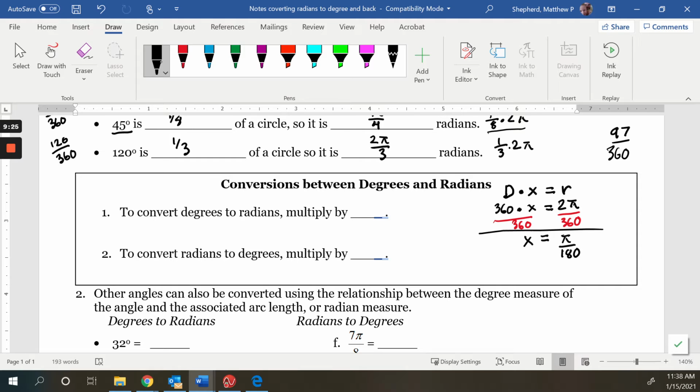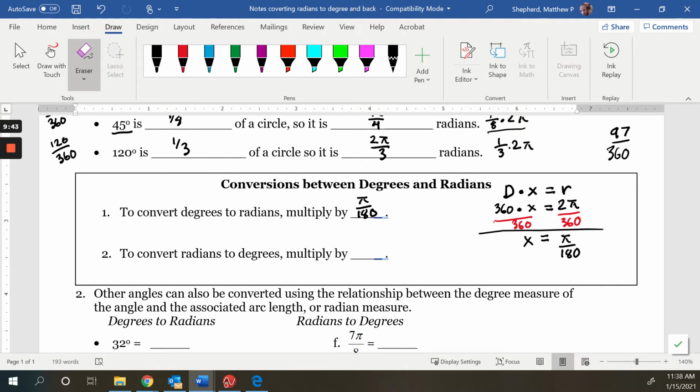So what this would indicate is that we could use pi over 180 to convert from degrees to radians. In other words, if we start with some number of degrees, we then multiply it by pi over 180, and it should tell us what the radians are.